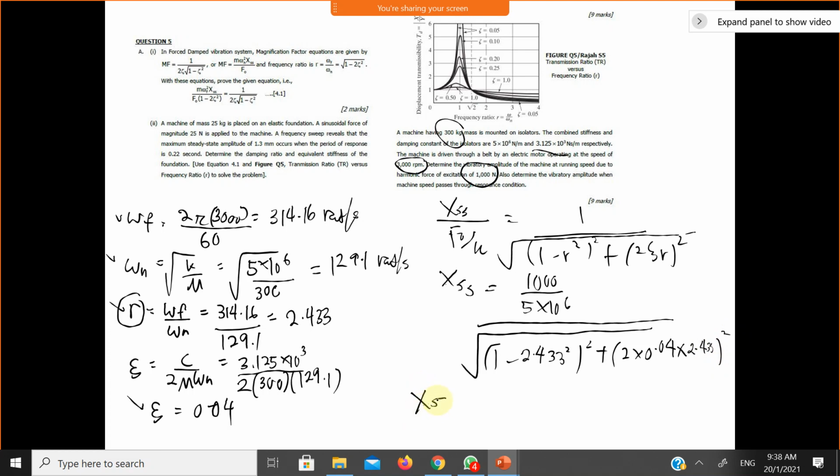Then try to find what our XSS is. Try calculating.